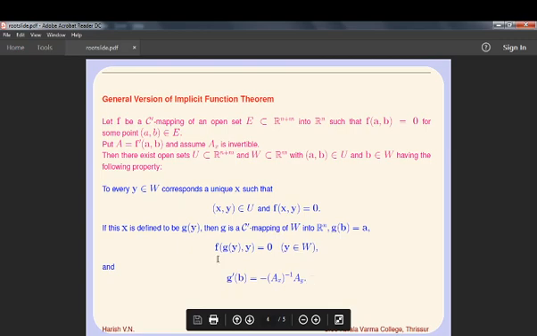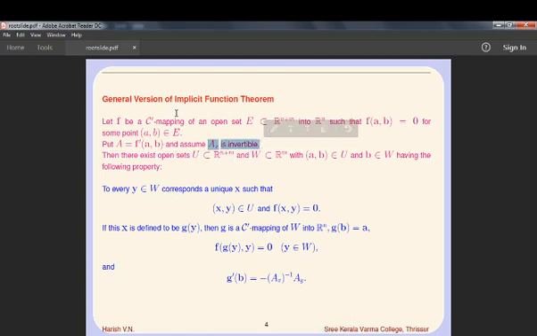So locally you can solve x in terms of y provided Ax is invertible. That is the conclusion of the implicit function theorem. So let me repeat. Locally you can solve x in terms of y provided Ax is invertible.